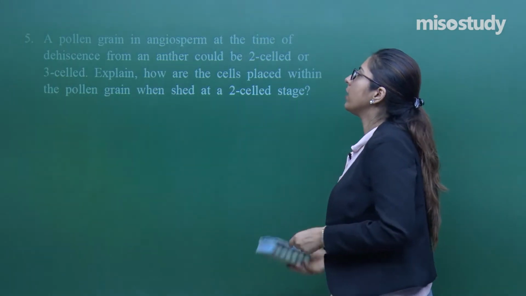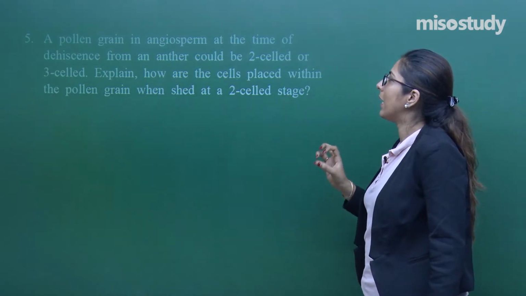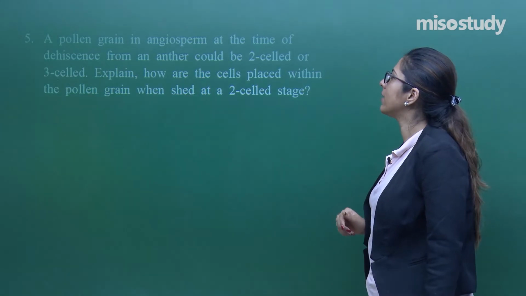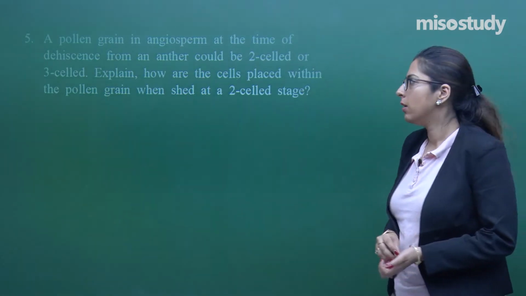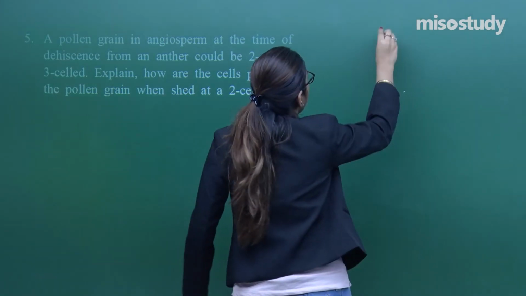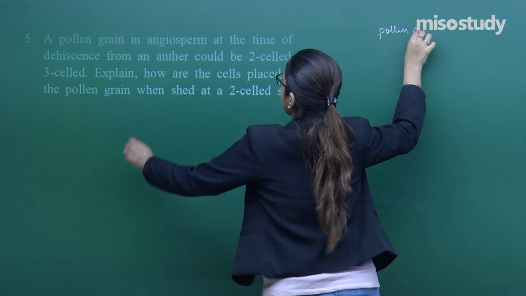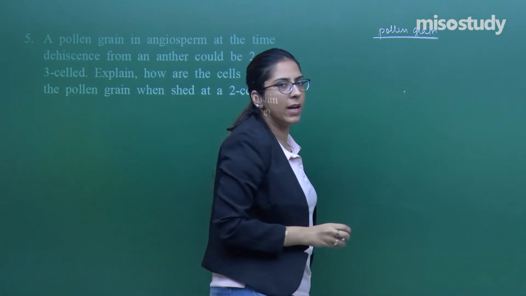A pollen grain in angiosperms at the time of dehiscence from an anther could be 2-celled or 3-celled. Explain how the cells are placed within the pollen grains when shed at the 2-cell stage. They are asking about these pollen grains and about the anther.